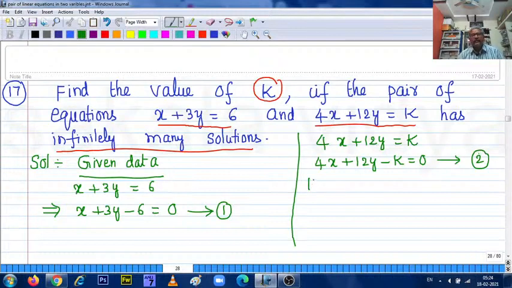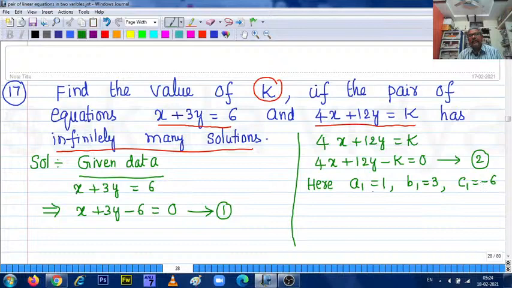Now here, a1 means the x coefficient, very important. Don't write x, the numerical value only, number 1. b1 equals to 3, the y coefficient. c1 equals to minus 6.